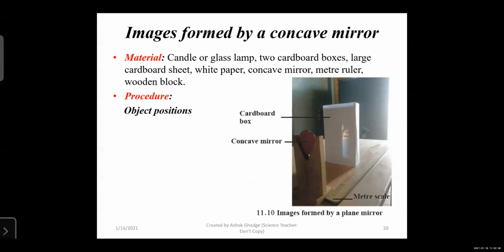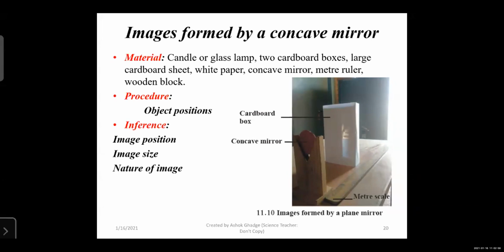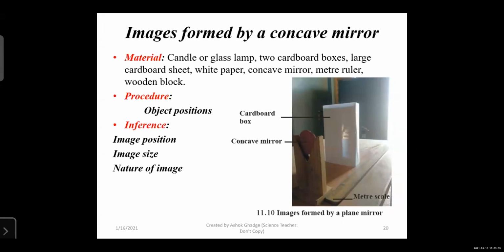The procedure: we will put the object at different positions. For each object position, we will see the position and nature of the image, and the size of the image, whether it is a magnified image or a diminished image, which type of image is formed.